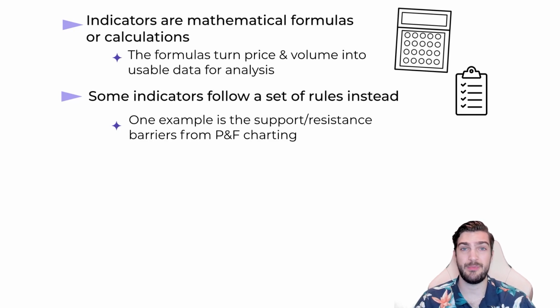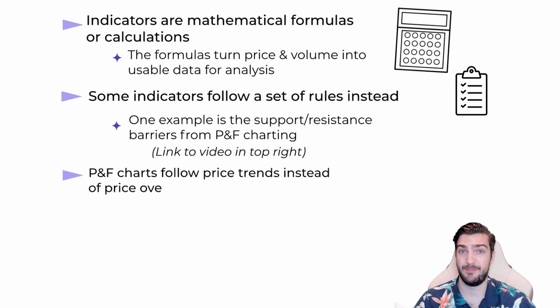If you're unfamiliar with point and figure, you can learn more about it in our point and figure basics videos. But for right now, we'll talk a little bit more generally. Point and figure, instead of following price over time, follows price trends, where each column, instead of being based on time, is based on a singular uptrend or downtrend in the market.